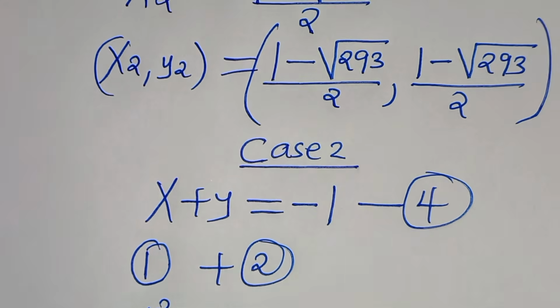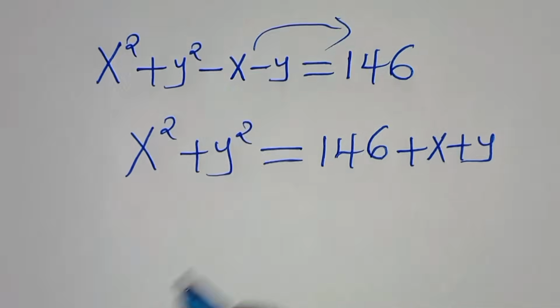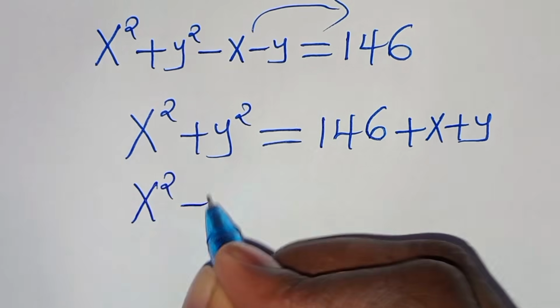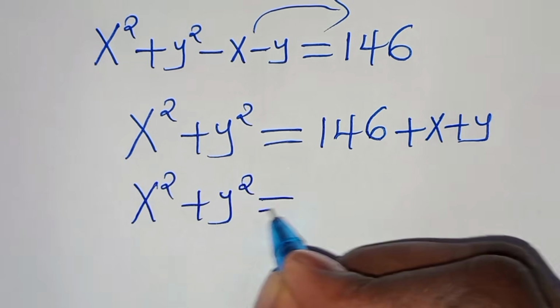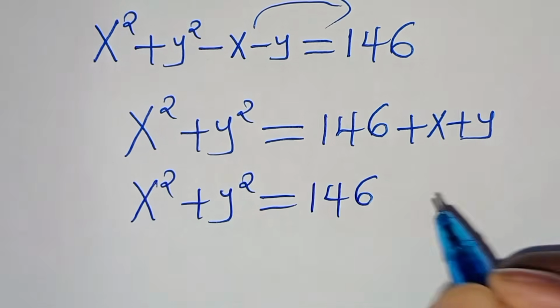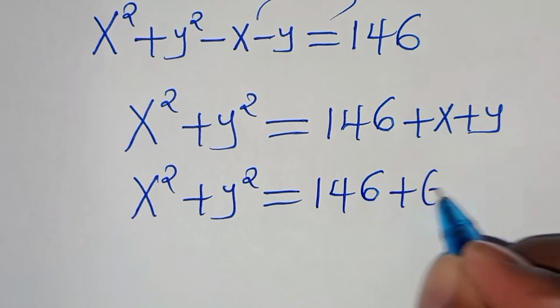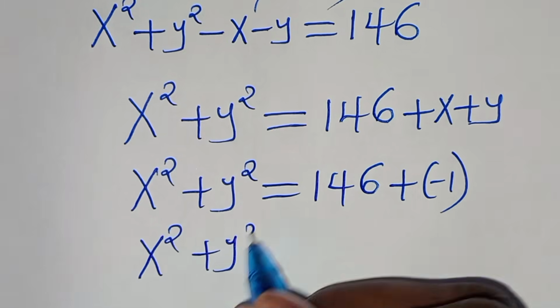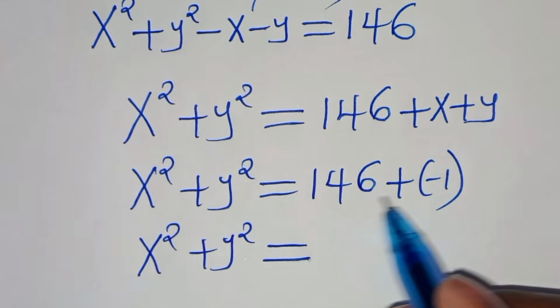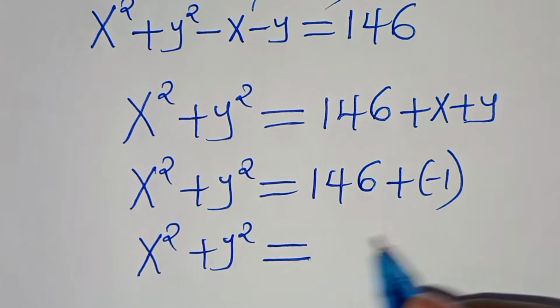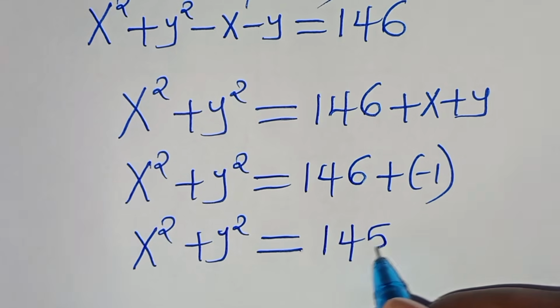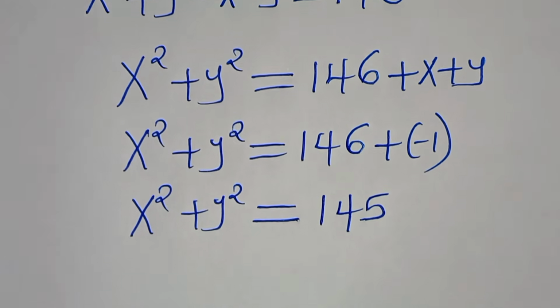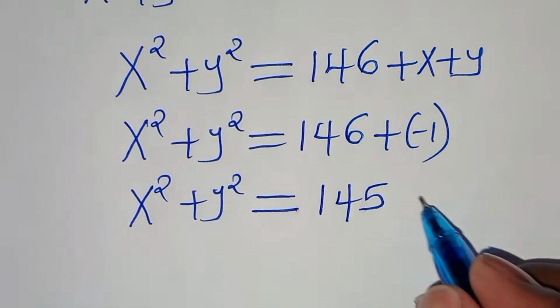Let's substitute this minus 1, so that x to the power of 2 plus y to the power of 2 is equal to 146 plus minus 1. So x squared plus y squared is equal to 146 minus 1, which is 145. We can call this equation 5.